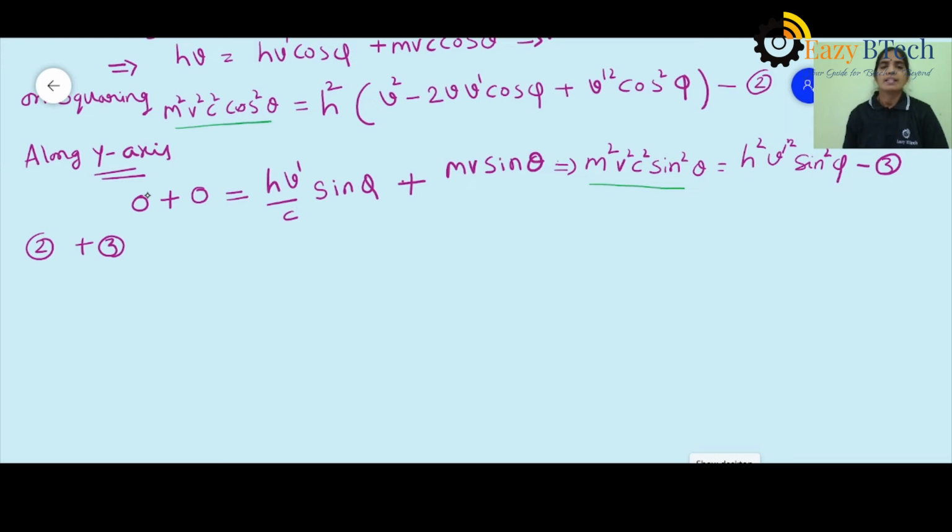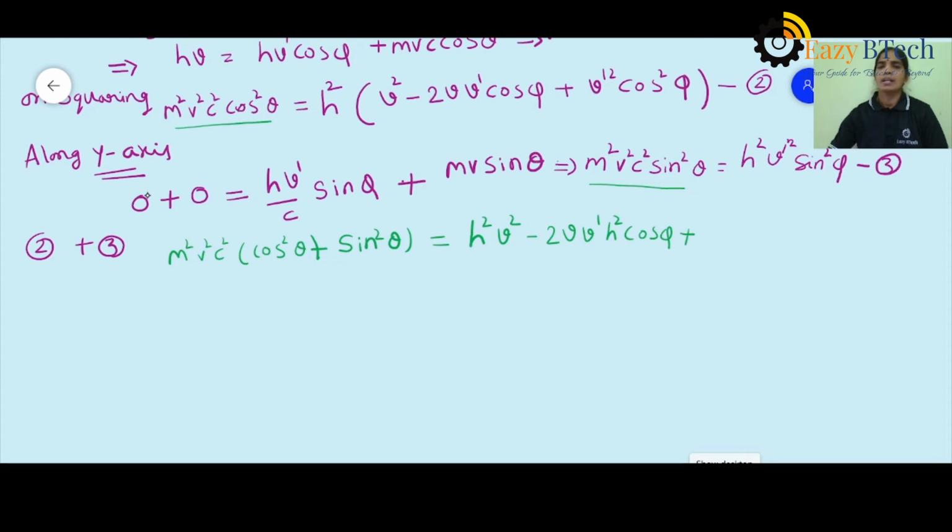So on my LHS I have m square v square c square as common, written as cos square theta plus sine square theta, equal to h square mu square, the second one is minus 2 mu prime h square cos phi. And what is happening with the third one?